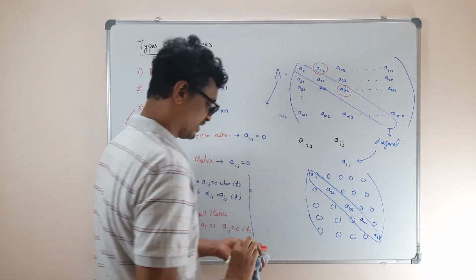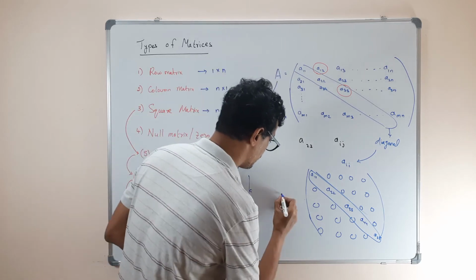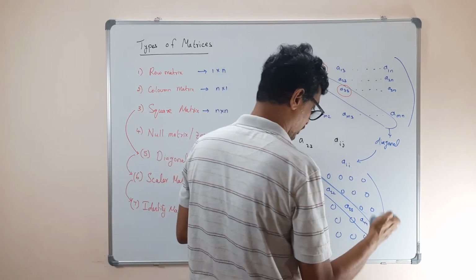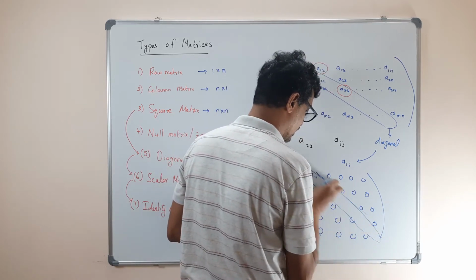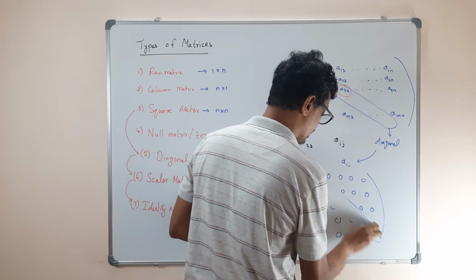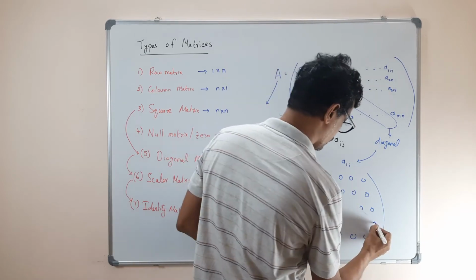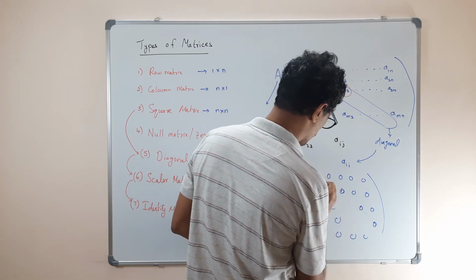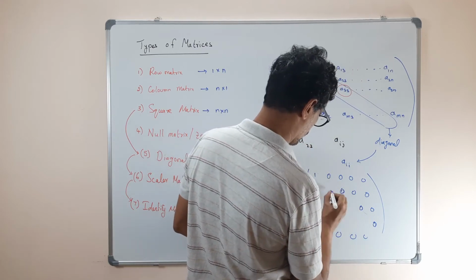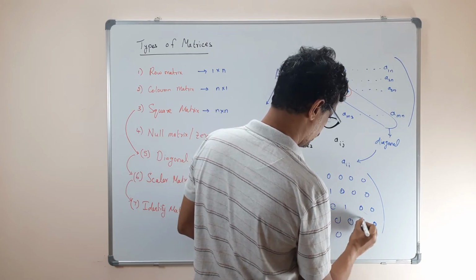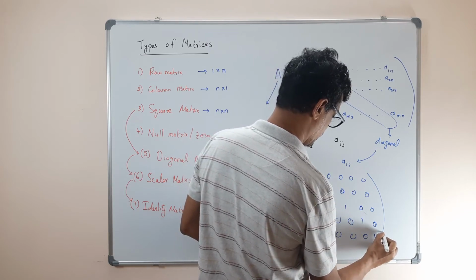So the symbol is usually defined as I. The identity matrix will be, and it's very interesting, this will be 0, this is 1, and this is 1.